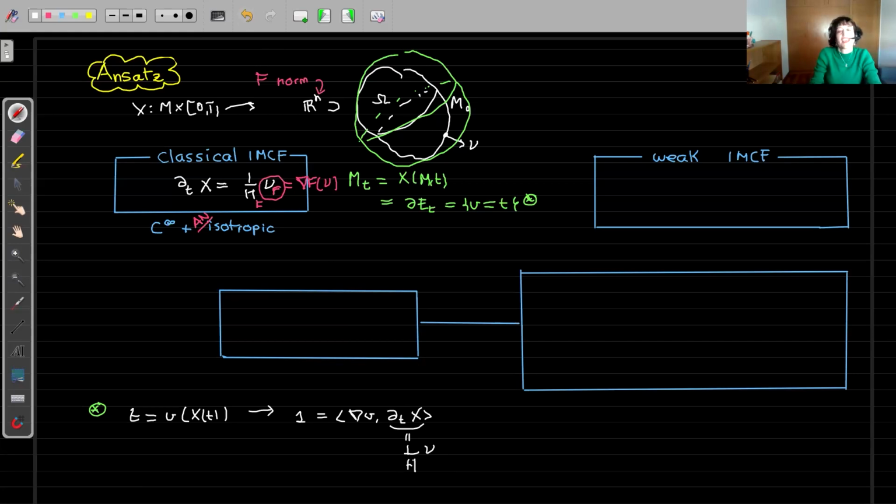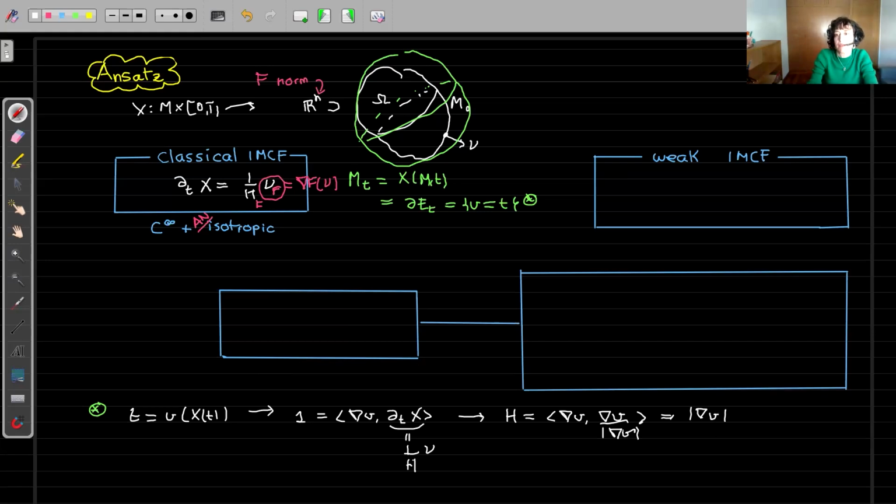If I multiply everything by H, I will get that H is equal to gradient v times the unit normal. The unit normal will be gradient v divided by its norm. Hence I have gradient v squared divided by the norm of gradient v, that's the norm of gradient v.